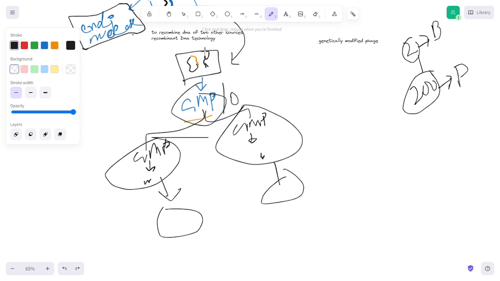And per 18 to 20 minutes, 200 bacteriophages are formed. New daughter phages are formed in 18 to 20 minutes.